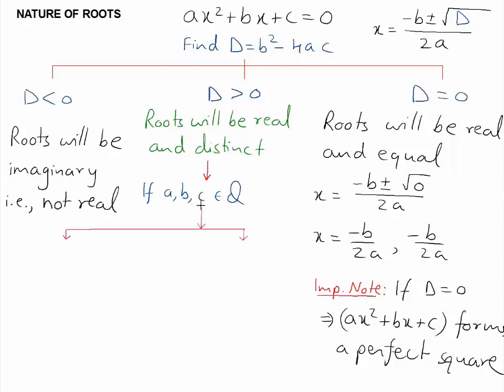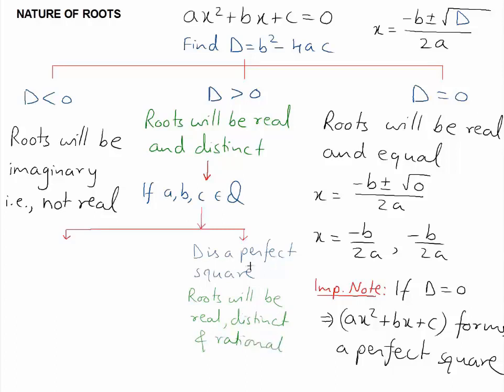Further, if a, b and c belong to rational numbers and D is a perfect square, then the roots will be real, distinct, as well as rational. This is because if D is a perfect square, then the square root of a perfect square will give us a rational number. And since a, b and c are rational, overall the roots will be rational numbers.